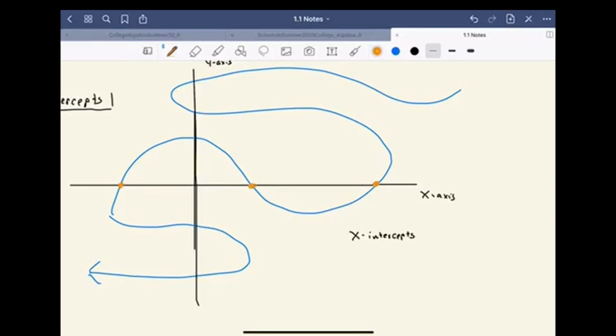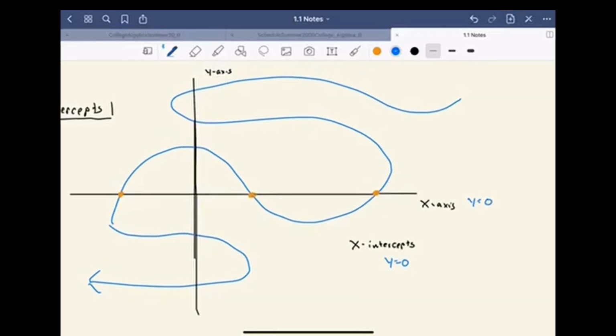Okay, what do all those points have in common? All those points have in common that their y value equals 0. Okay, think about the x-axis. That's also equivalent to saying y equals 0.